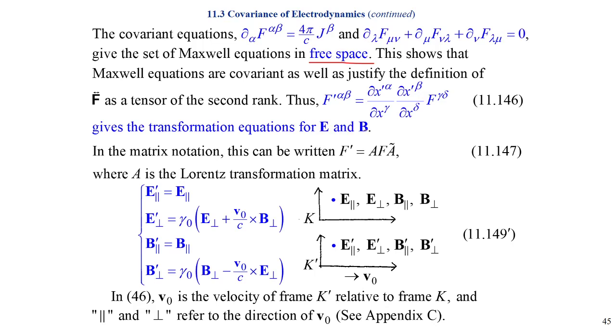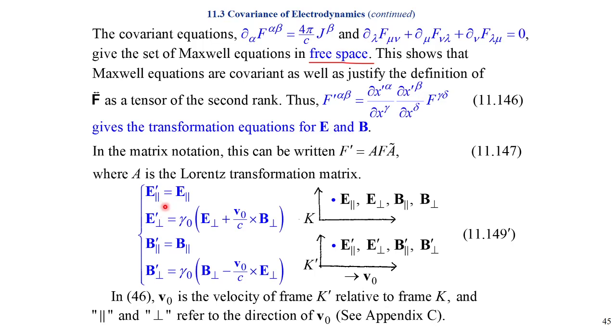Okay, how to transform E and B? We can transform from these properties. Okay, in a matrix notation, this can be written as F prime equals A F A transpose, where A is the Lorentz transformation matrix.